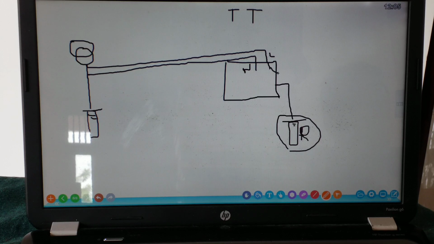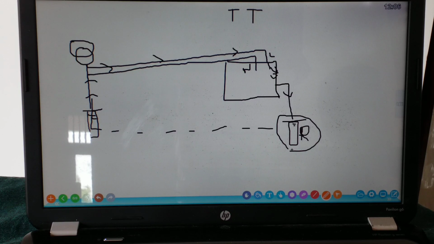If a fault happens, this is the fault current path. And rod resistance is just a part of that path.